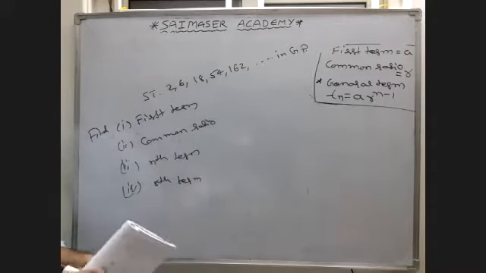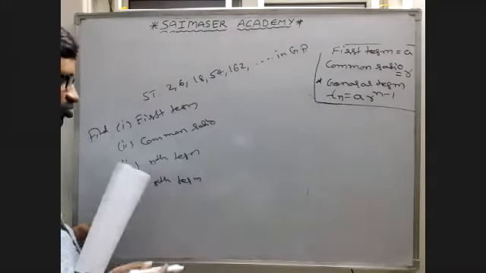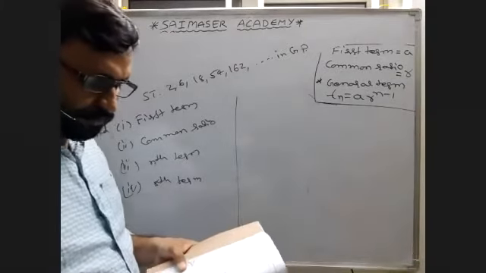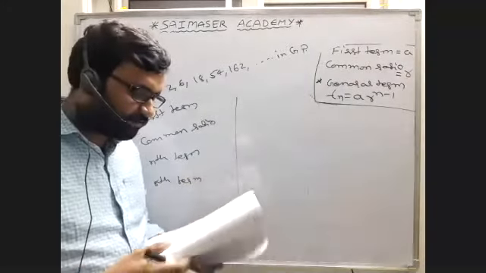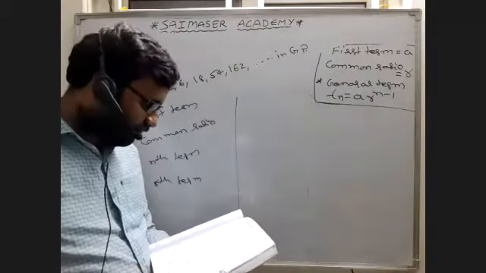Same as the previous question, but the series is different. Okay, and one more question. The remaining ones are a little bit different. I will give you. This first question is okay, and the second question also okay.